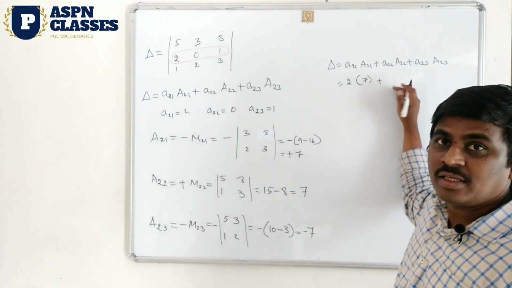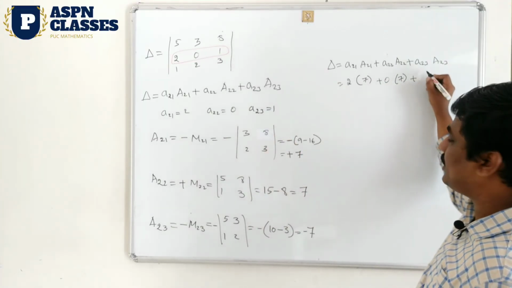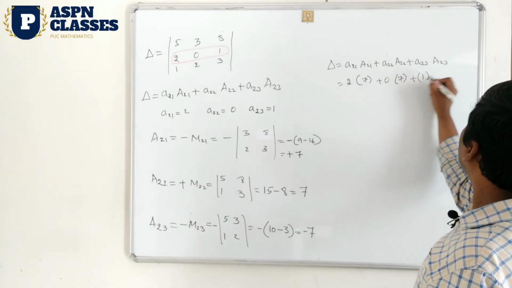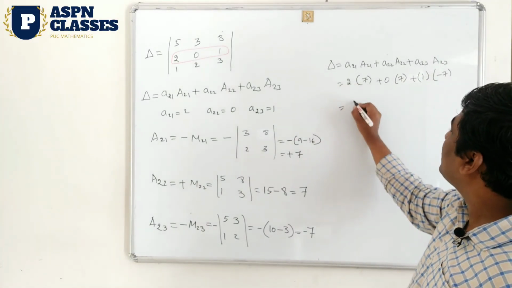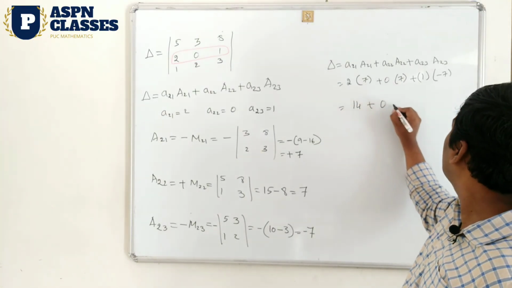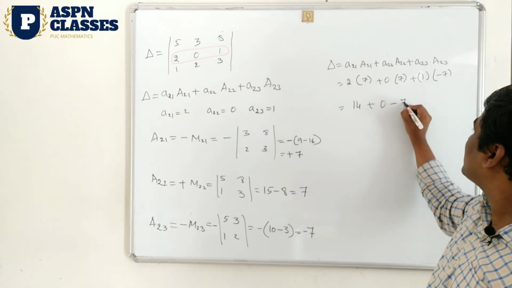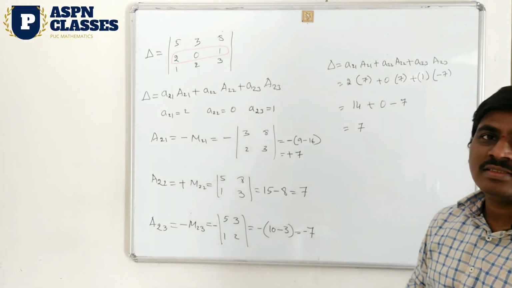Plus the A22 element is 0, and its cofactor is 7. Plus the A23 element is 1, and its cofactor answer is minus 7. Then simplify. 7 into 2 is 14, plus 7 into 0 is 0 only, and minus 7 into 1 is minus 7. 14 minus 7 gives the answer 7.